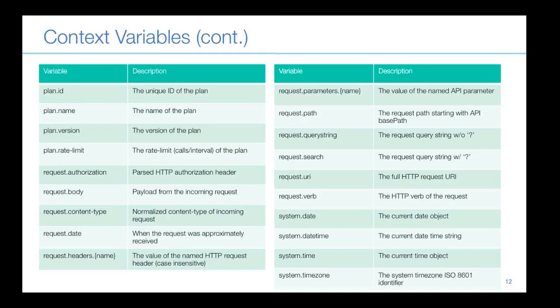So it's a JSON object that contains the year, month, day information, hours, minutes, seconds, things like that. But on DataPower, they provide a string. Those are the only 2 differences between DataPower and the micro gateway in terms of the context variables.